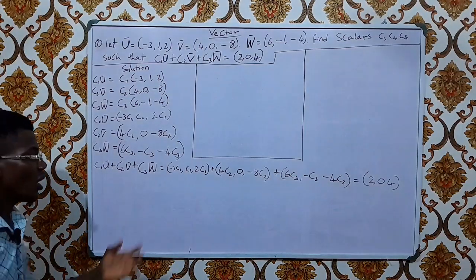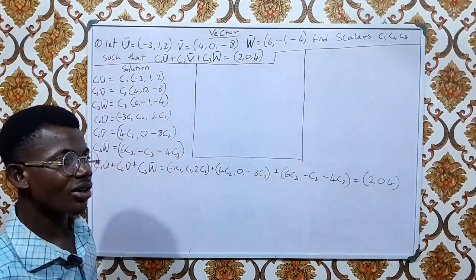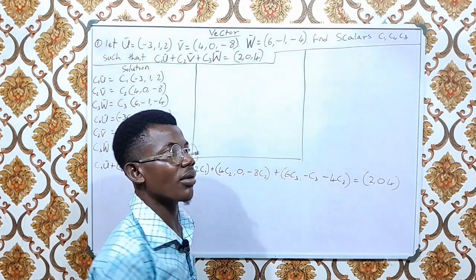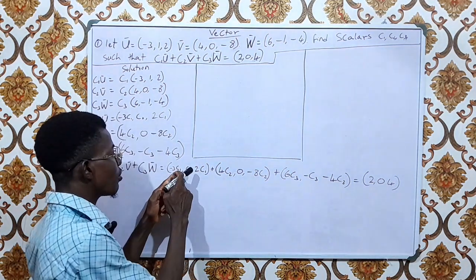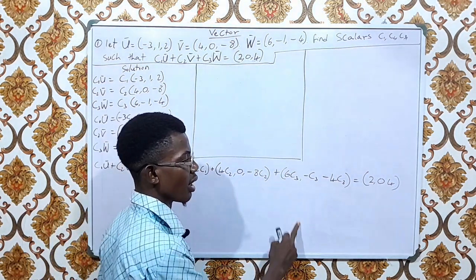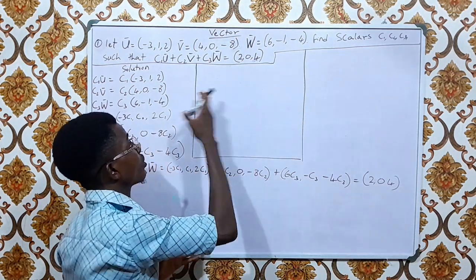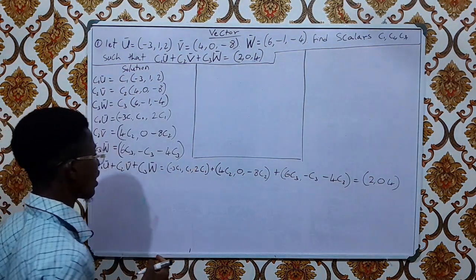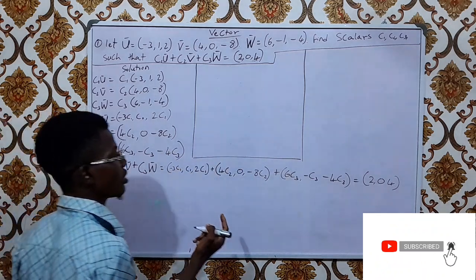Now we are into addition of vectors. Remember what addition of vectors is? Take them according to their i, j, k components. So we'll take the first one here plus the first one here plus the first one here equals to the first one here under addition of vectors. From here we are asked to find the scalars. So let's continue.